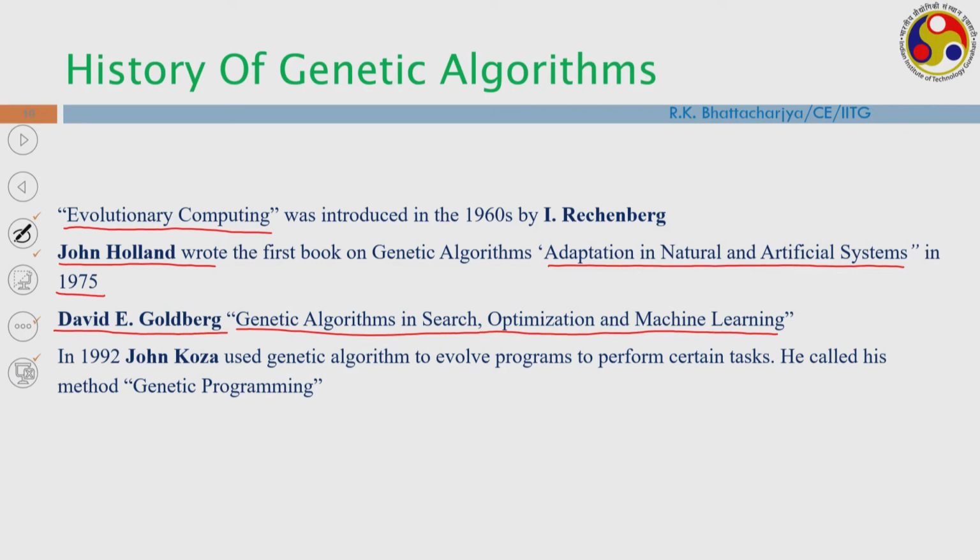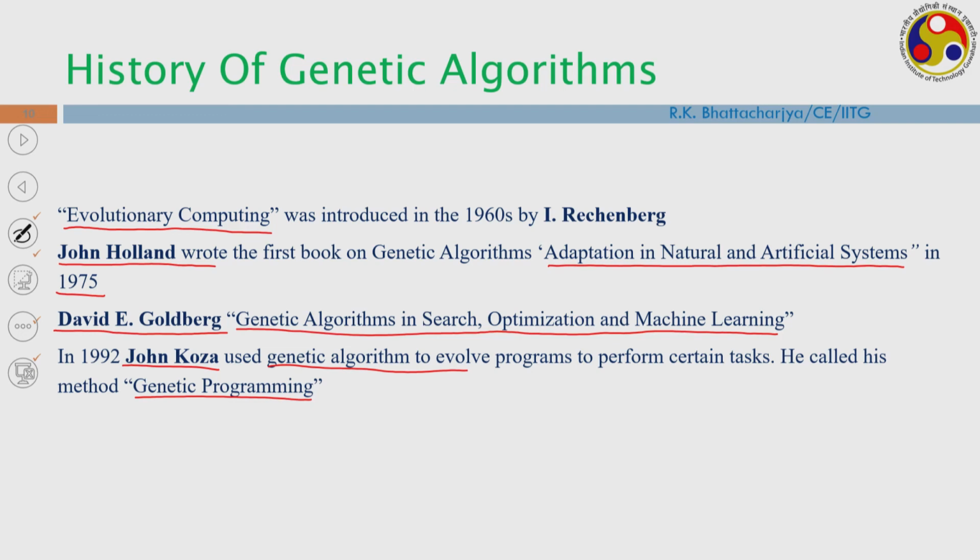There was another type of genetic algorithm, which we call genetic programming. This is not an optimization method, but it uses the principle of natural evolution. In 1992 John Koza used genetic algorithm to evolve programs to perform certain tasks, and he called that method genetic programming.